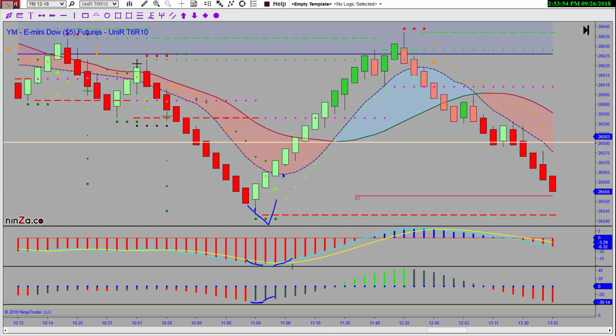So what I've got is two momentum indicators here. One I could call my slow momentum, and one here is fast. And you'll see the top here pretty much matches there.